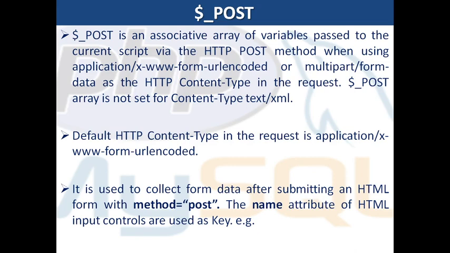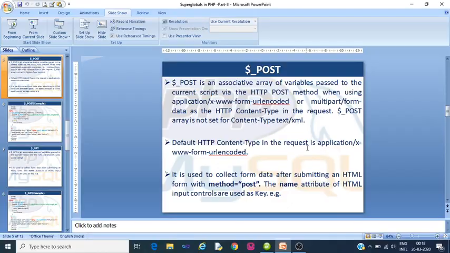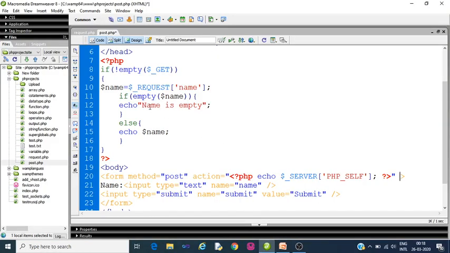The name attribute of HTML input controls is used as the key. So let us take it on the browser. So we had copied and pasted this. So the method is post now. Now we'll use $_REQUEST, the condition has to be changed because $_GET will not store any data.